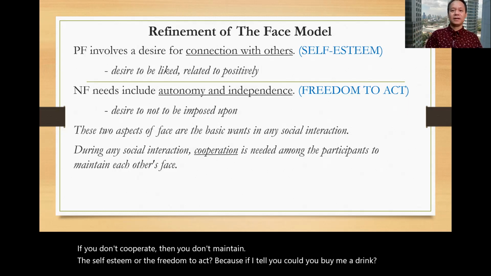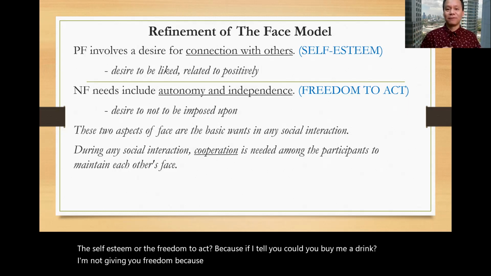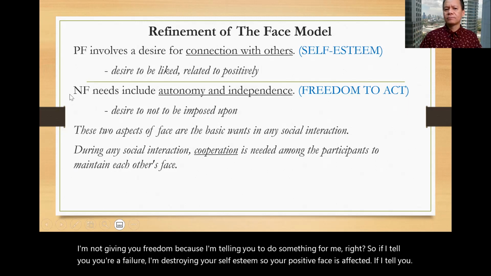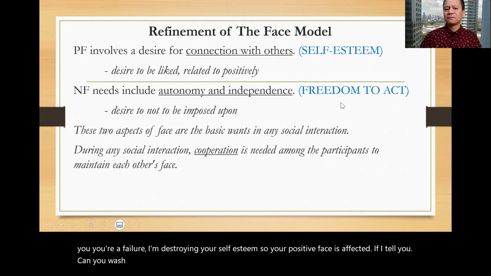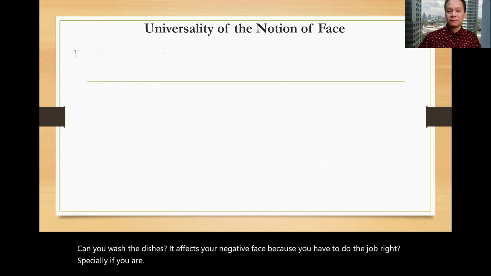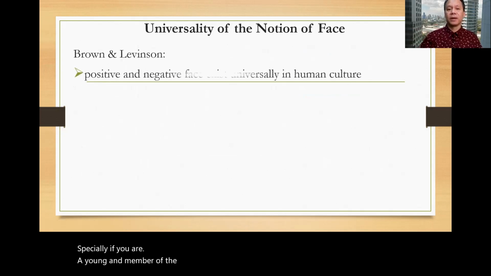I'm not giving you freedom because I'm telling you to do something for me, right? So if I tell you you're a failure, I'm destroying your self-esteem. So your positive face is affected. If I tell you, can you wash the dishes? It affects your negative face because you have to do the job, right? Especially if you are young and a member of the family and the one telling you is your parent, okay?